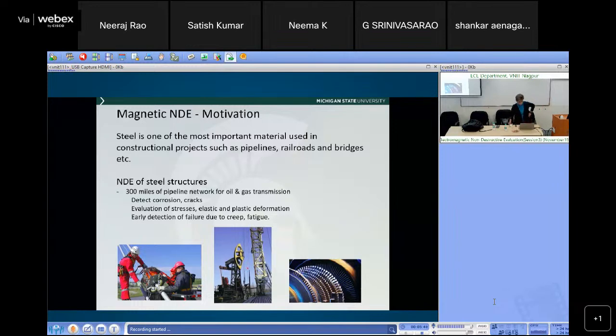So it's very important to detect corrosion of these pipes, since these pipelines are buried about 6 feet underground, and if there's moisture, there are minerals, so this corrosion is very, very common. And you want to detect this, you don't have to dig up each time. So magnetic NDE methods are used there extensively.